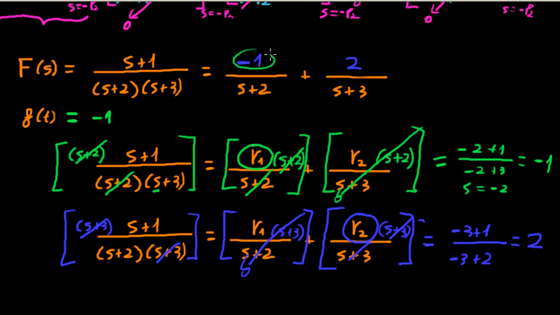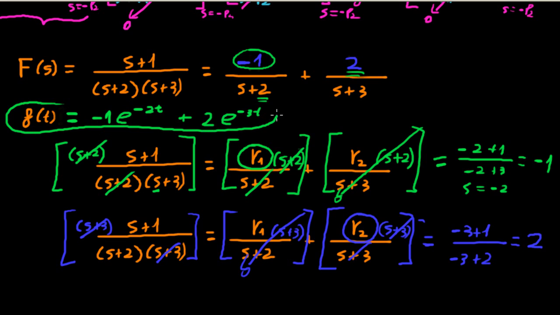The residue works as the a parameter when we found the exponential function's Laplace transform. Minus 1 is a times e to the minus 2t. The pole goes with t in the exponential. Plus 2 is a times e to the minus 3t. This is our inverse Laplace transform.